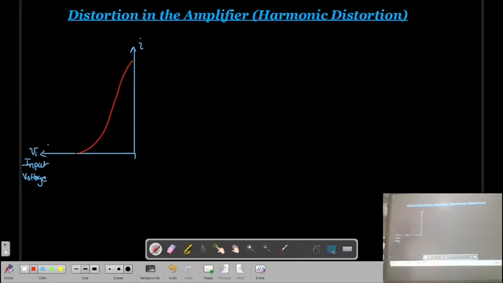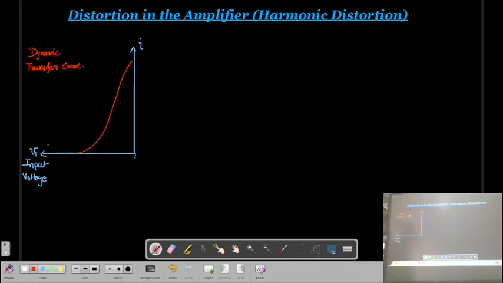So it is non-linear. Correct? Here this part is non-linear. In this part we have some kind of linear characteristics. This is known as the dynamic transfer curve. Correct?